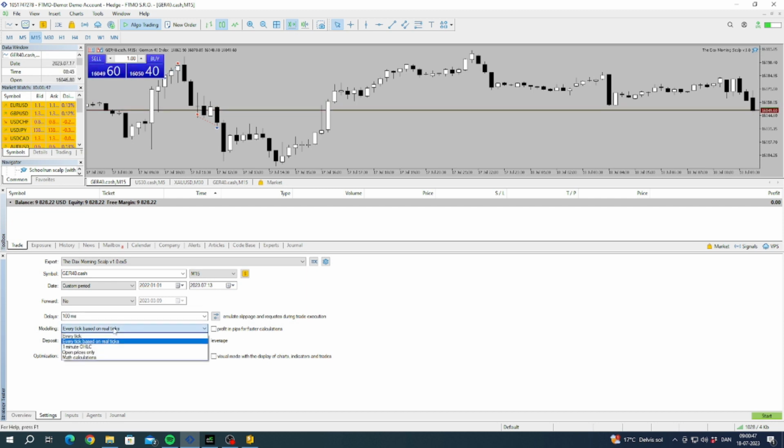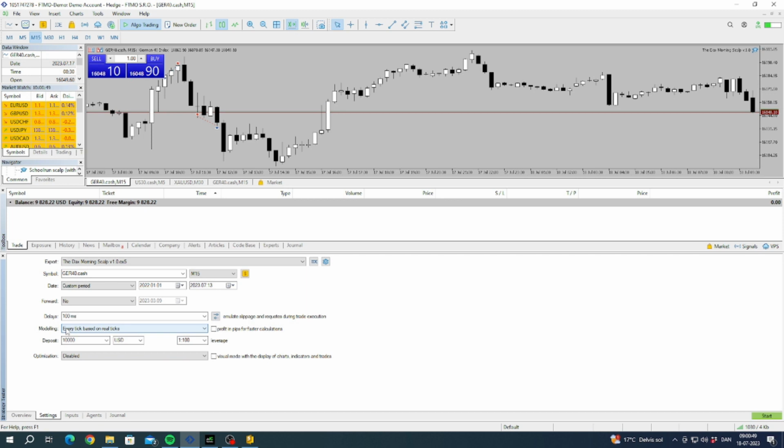This does give you an issue though, because most brokers will not allow you to have real tick data for very far back because it's a lot of data, you know. So in this case, I'm using FTMO for this test, and they will only allow me to have real tick data going back to the beginning of 2022, which is actually okay. I mean, it's a year and a half worth of real tick data.